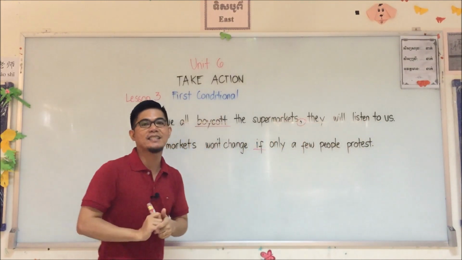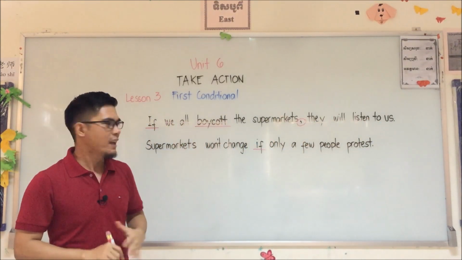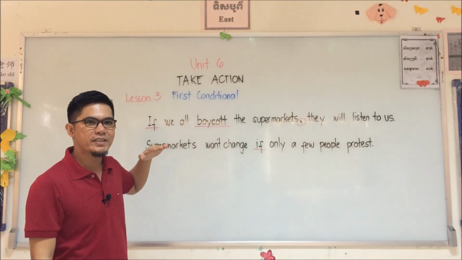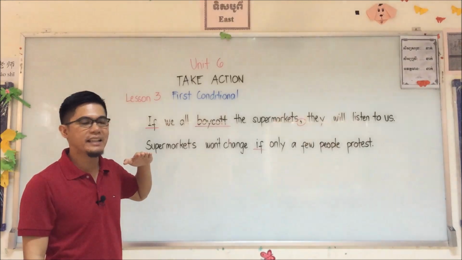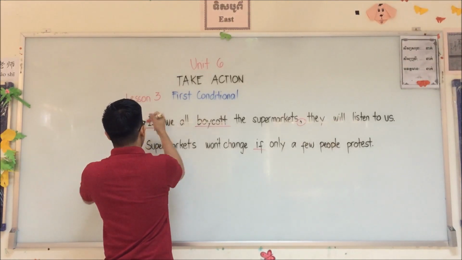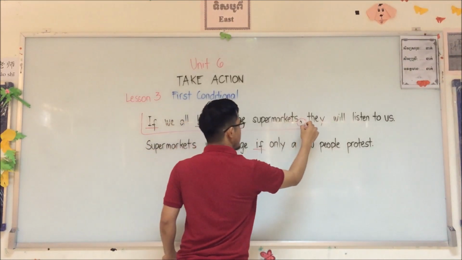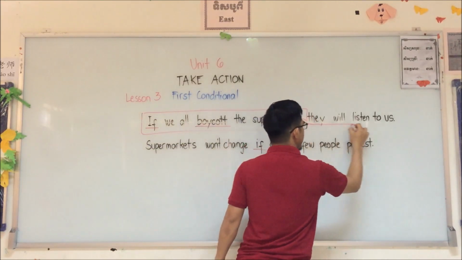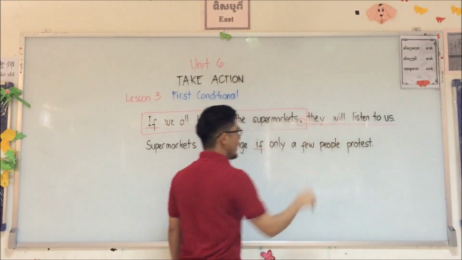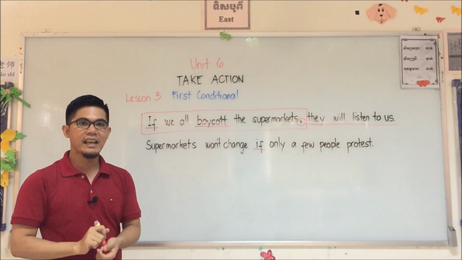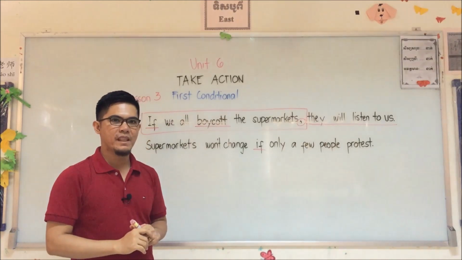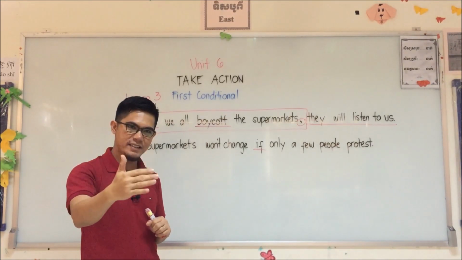Now, which one is the situation? From this first sentence, which one is the situation? So this sentence is divided into 2. Here goes first, with a comma, and then here's the second. Okay, which one is the situation? A future possible situation.